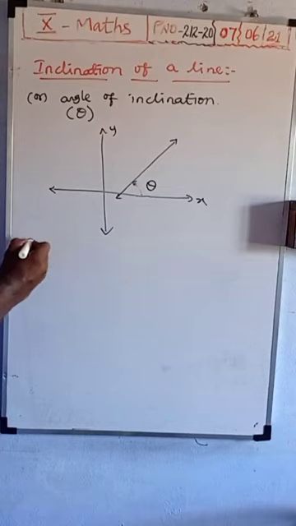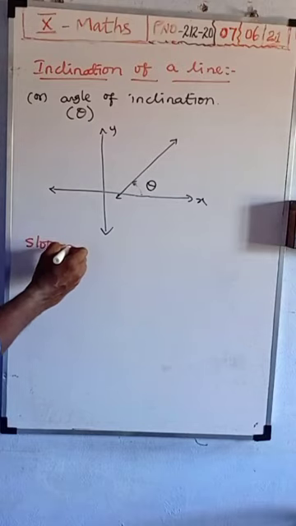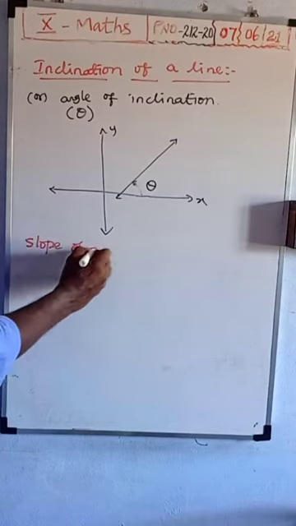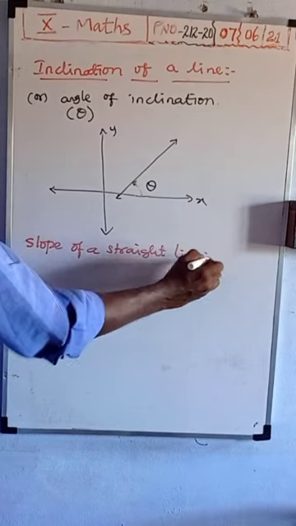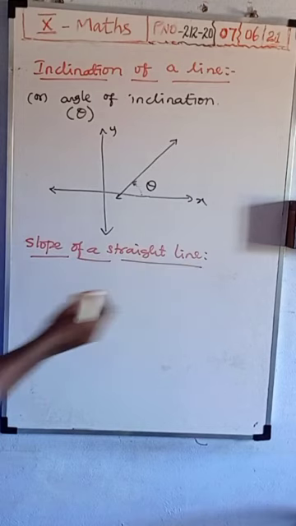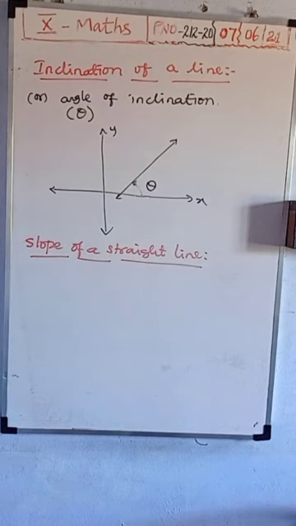In a line, we are going to find the slope of a straight line. So how are we going to find it?